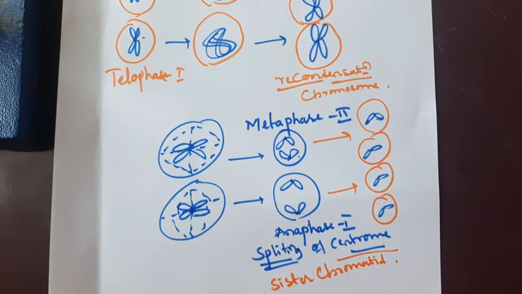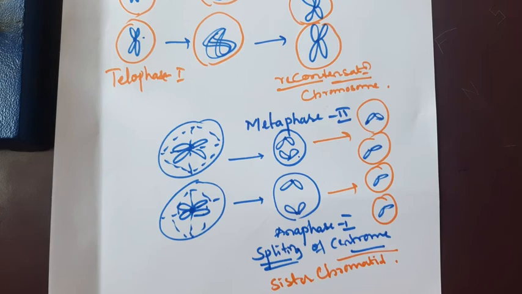Okay, once again I will repeat all the steps. Meiosis is the reductional division which occurs usually in the germ cells for the formation of haploid gametes. It is reductional because in the daughter cells the chromosome number becomes exactly half.